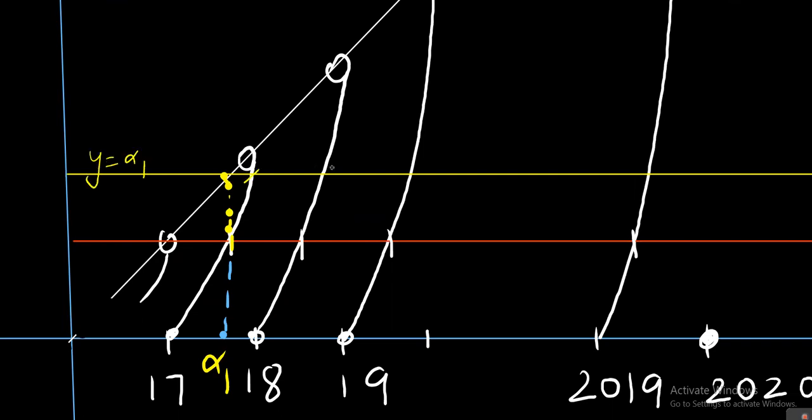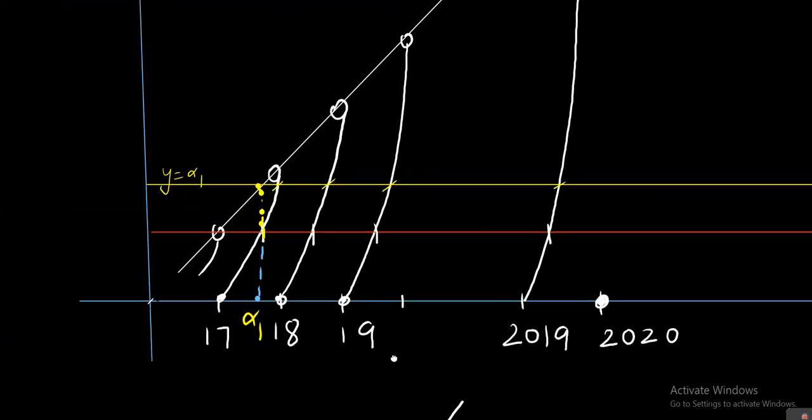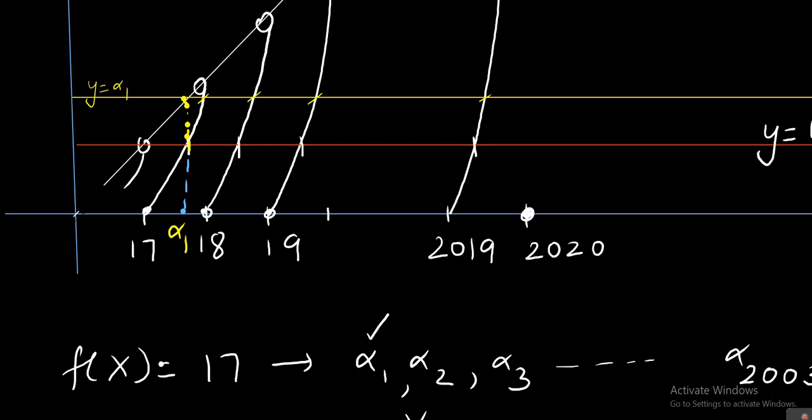Again, you can see a point of intersection with all these branches till 2020. Again, I can see that between 17 to 18, I'm getting one point of intersection. Another one is between 18 to 19. Like this, till 2019, 2020, I keep getting one point of intersection in every unit length interval, right? In every unit length interval, we keep getting that point of intersection.